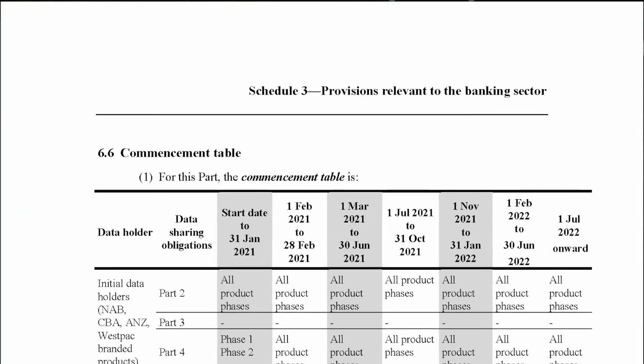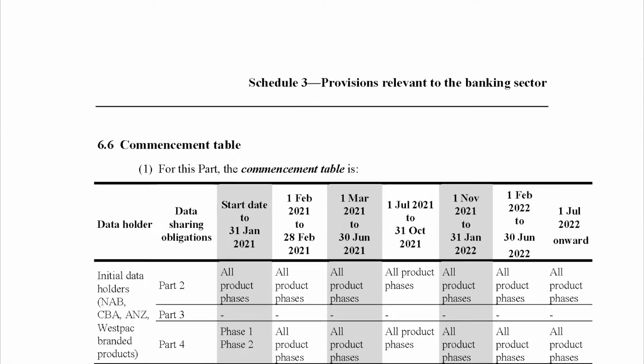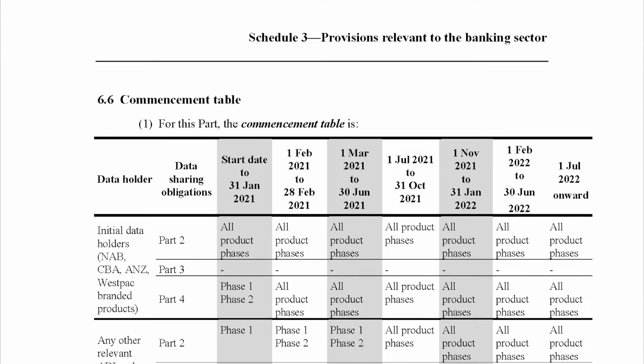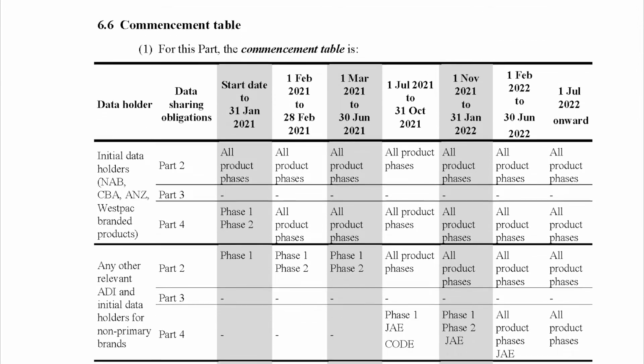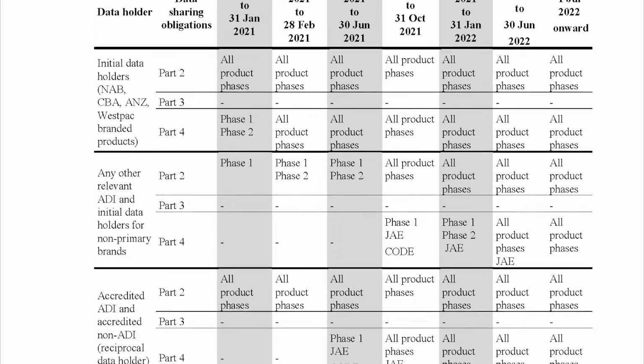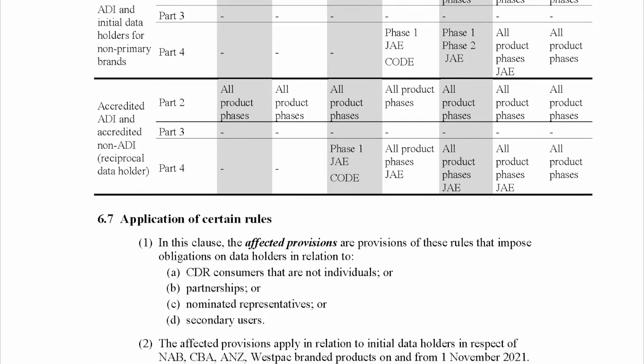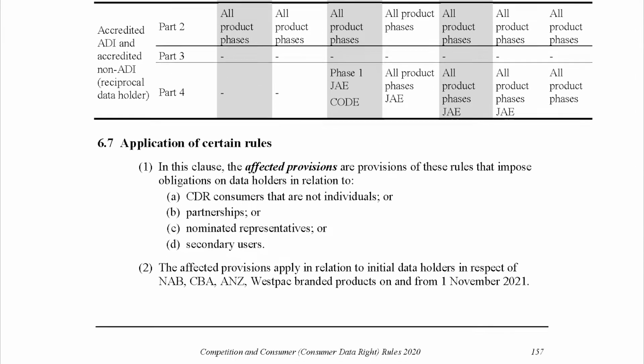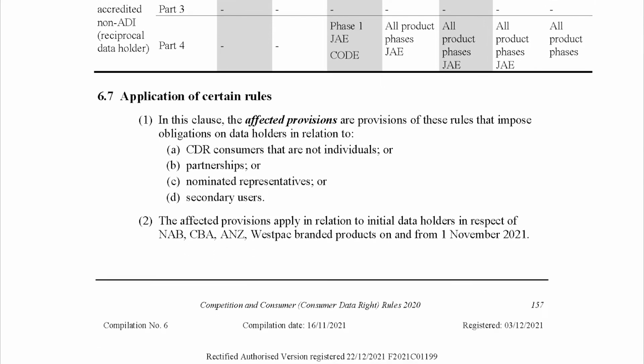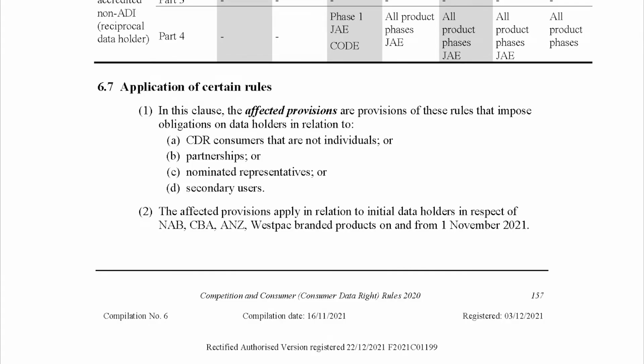For example, in CDR rules, Schedule 3, Banking Sector, Part 6, Staged Application of these rules, Section 6.6, Commencement Table, the CDR rules specify dates at which certain product data must be available for sharing, related to products in specified phases.